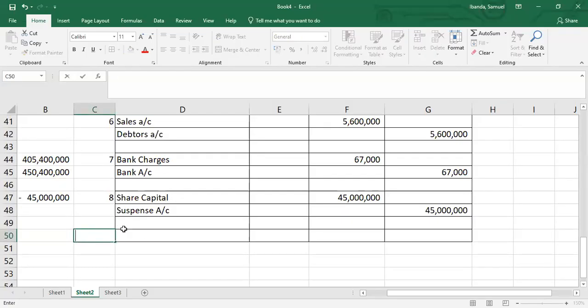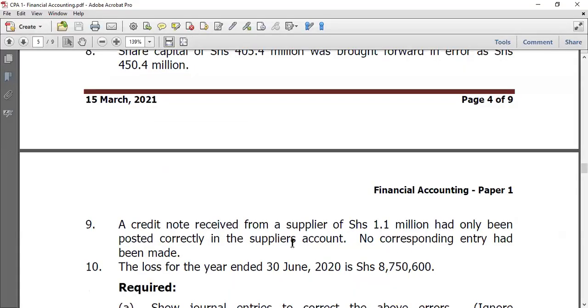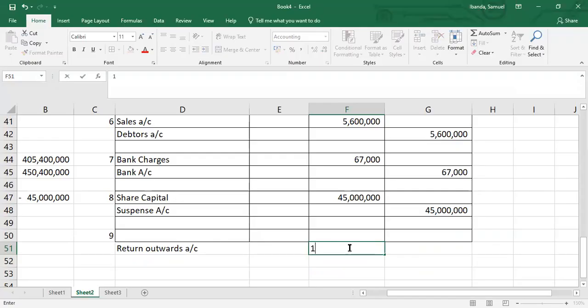Okay, this is number 9. I will come and credit my return outwards account by how much? By what I have there. This is 1.1. So I'll just come here and put my 1.1.